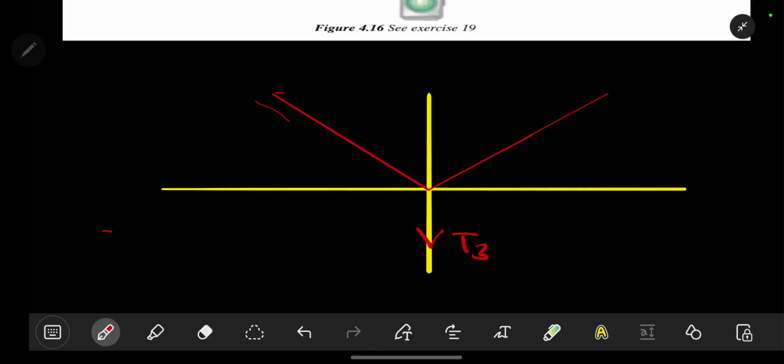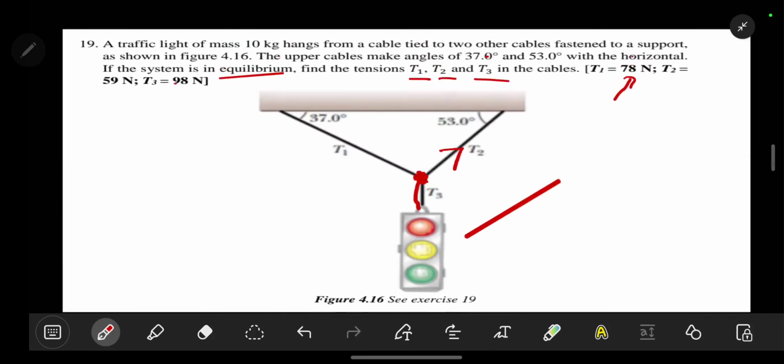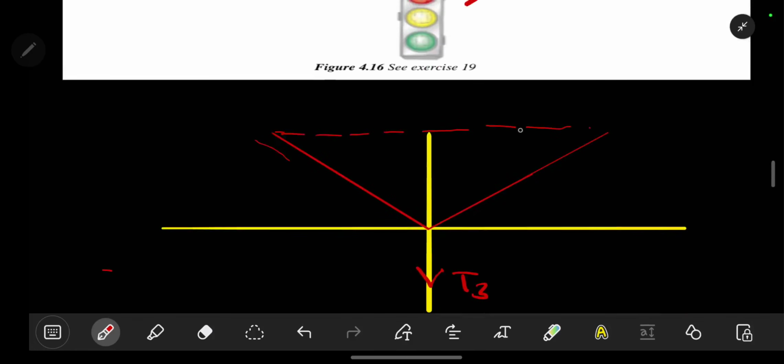Just to extend this, now what we have here is something like this, then on top we have it looking like this. Then what we are going to do is identify the angles. So 53 is here, so we put 53 degrees here. Then here we have 37 degrees. If this is 37, then since these make a Z shape, even here it will be 37 degrees.